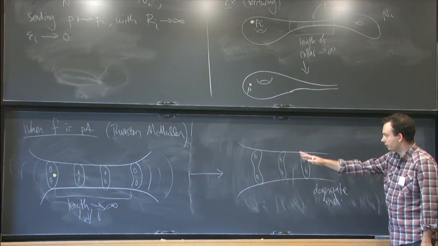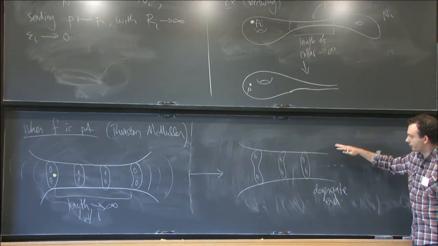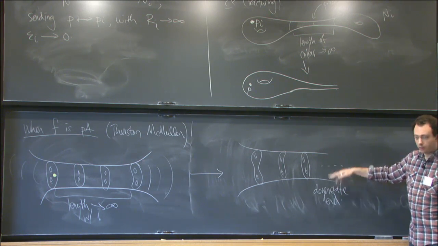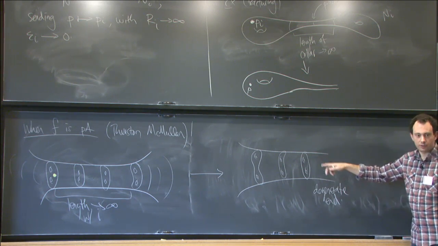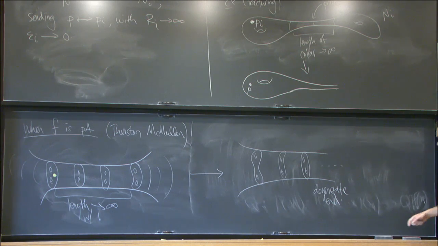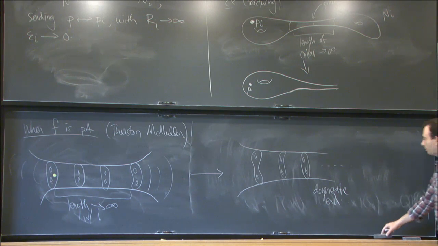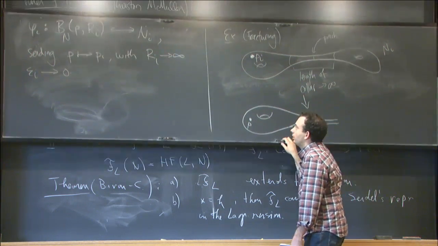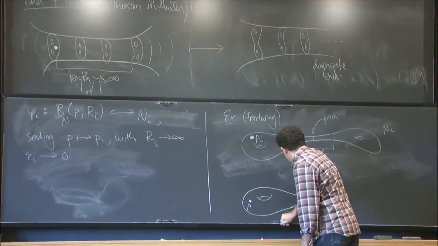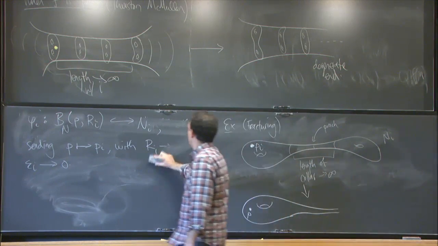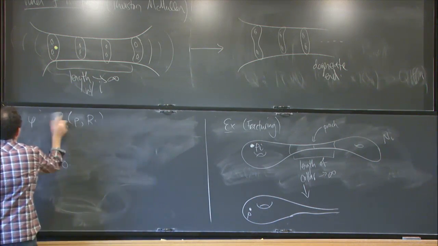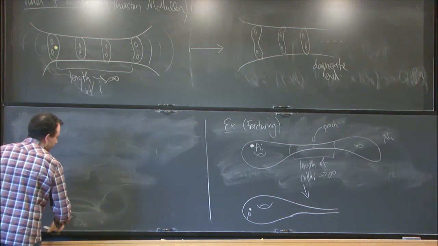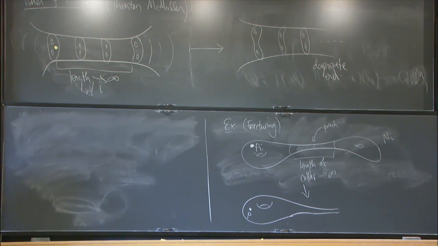At least in this case, this degenerate end has bounded diameter in the level surface direction. Okay, so that's the pseudo-Anosov case.